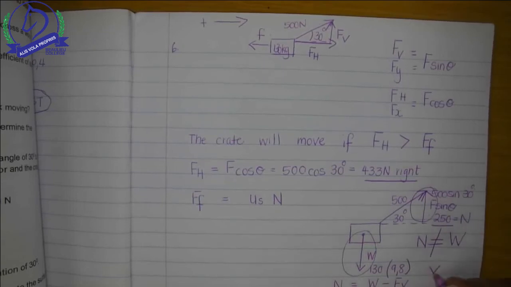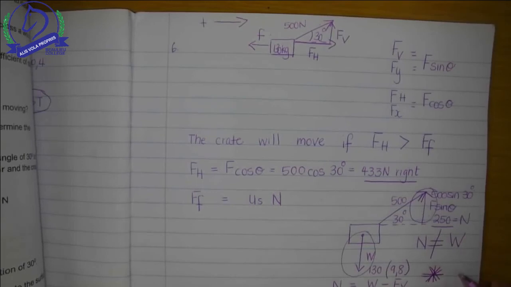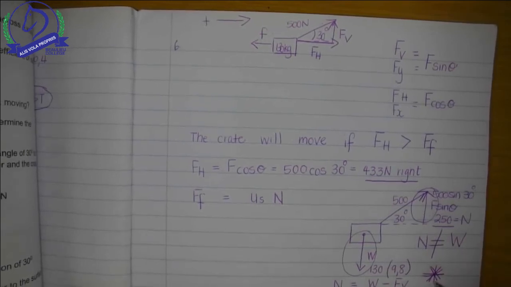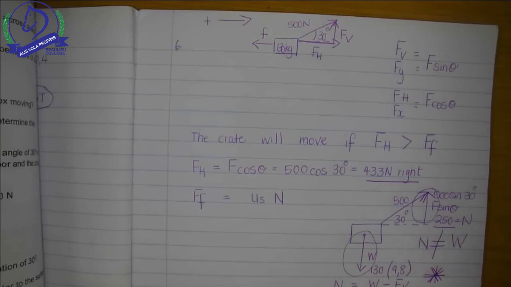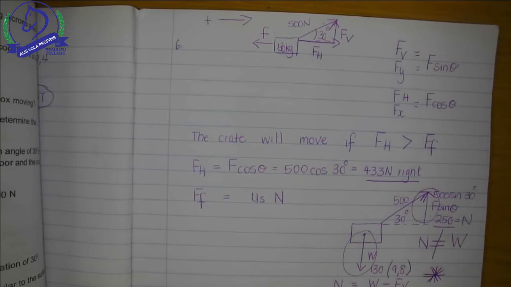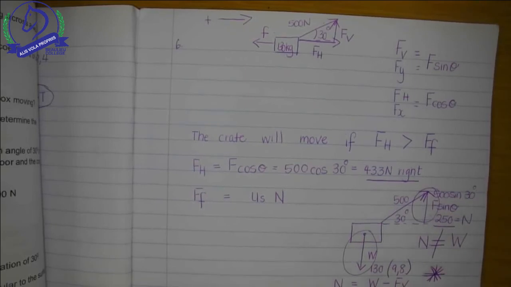Please note, this is a common error. Students immediately go and say normal force, and they would say 130 times 9,8. Okay, so don't make that mistake. And that gives me 1024 newtons. So that's my normal force.